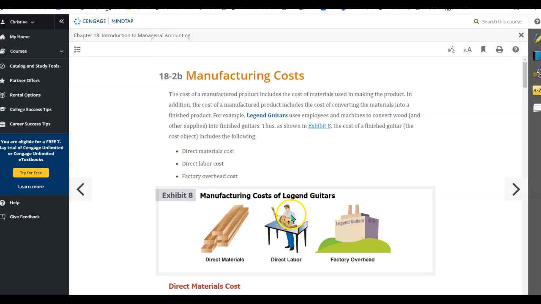So if you were making guitars, the wood in the neck would be a traceable cost. The overhead, like electricity, all the utilities, depreciation, the building itself, those are all overhead costs. Those cannot be traced to one guitar, so we put them in a big pile and we allocate it back to the units.